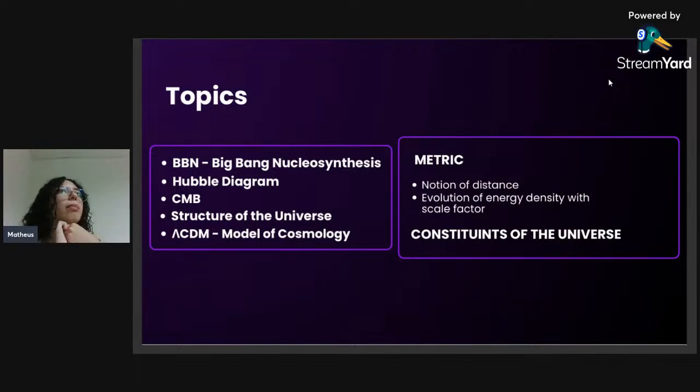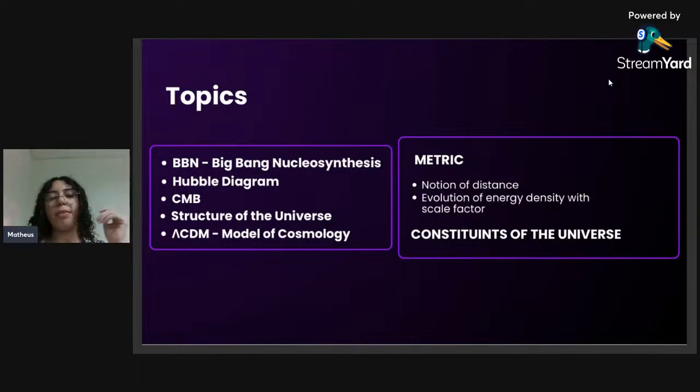We have the Hubble diagram that will help us to understand the expansion of the universe. This chapter talks about the CMB, the cosmic microwave background, and a little about the structure of the universe, introducing perturbations and all this stuff. It also talks about lambda CDM, that is the concordance model of cosmology that we know today. CDM means cold dark matter in this case.